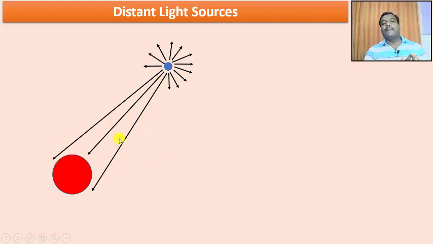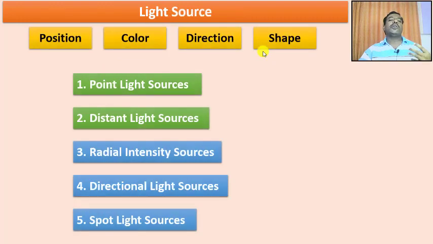There are multiple rays which emit themselves to have an effect on the complete scene you are dealing with. The best example of a distant light is the sun. The sun emits rays all around its surface, and all the rays reach all the object surfaces. The sun is the best example of a global light source in the scene, and this is the distant light source.